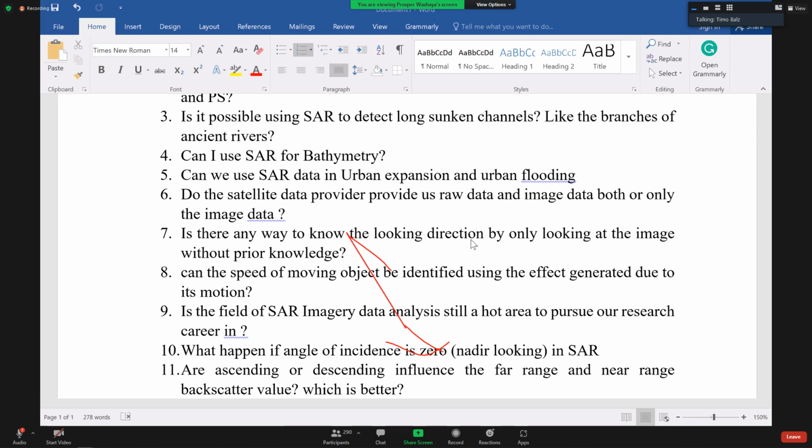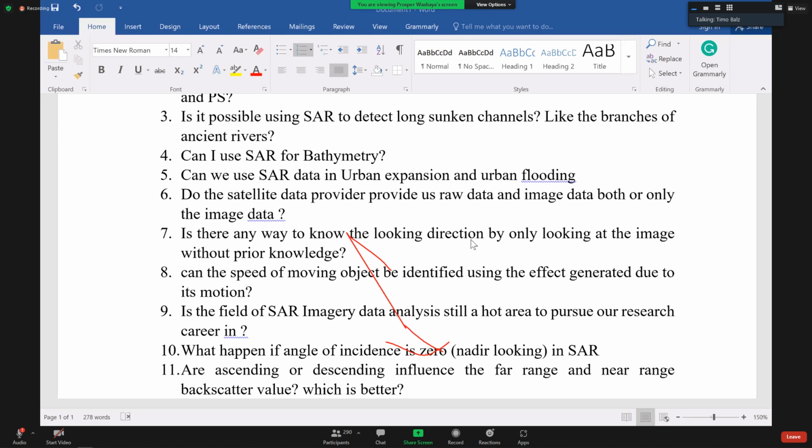So this depends. As a rule of thumb, I would say commercial data providers do not give you the raw data, and the more science-interested data providers, like the European Space Agency, will also provide the raw data if you really want it.